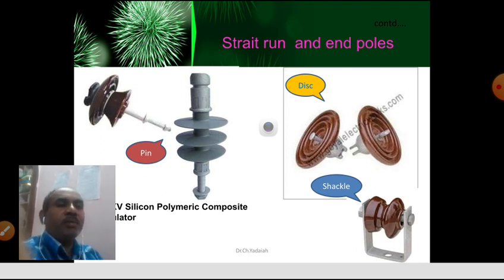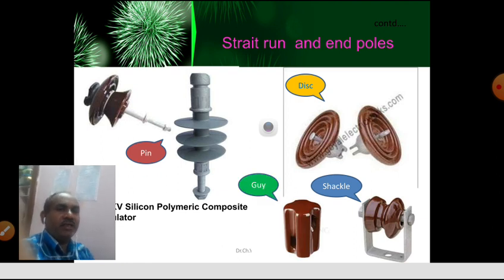Another type of insulator is the guy insulator. The guy stay gives mechanical support to the pole. The stay is connected with galvanized steel wires, which are mechanically very strong, but there is a possibility of leakage, as the stay wire is connected to the cross arm. The cross arm may touch the neutral wire, or leakage current may come to it.